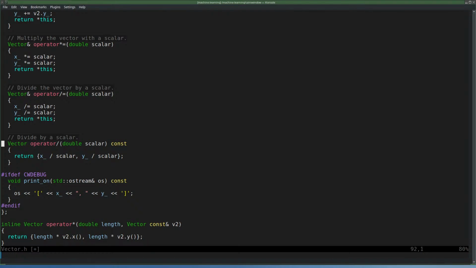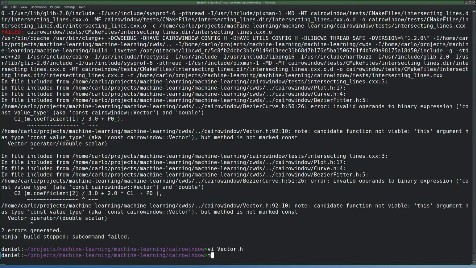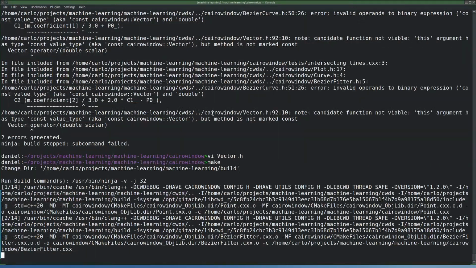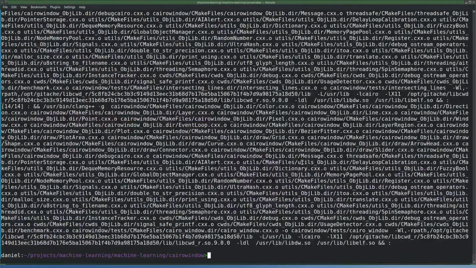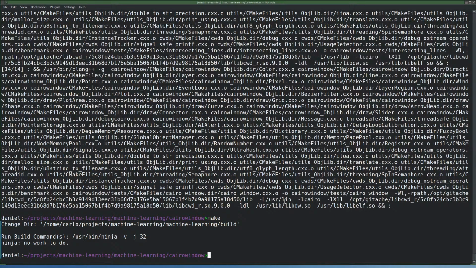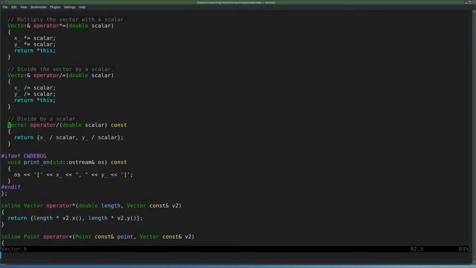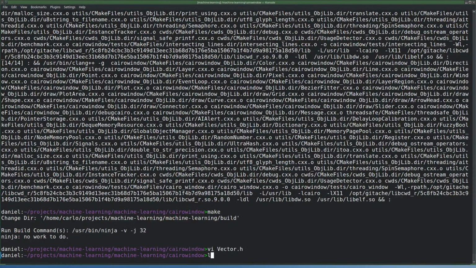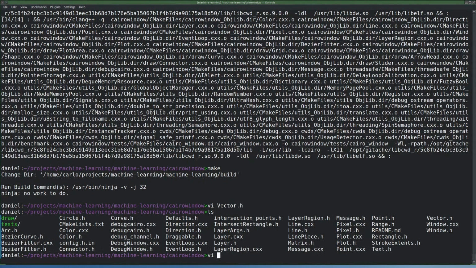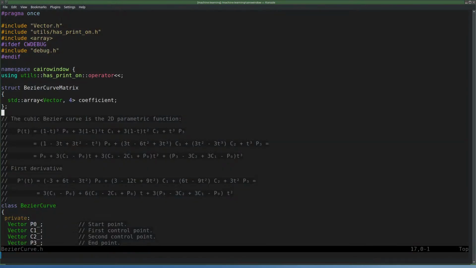Why would I? Do I have something that is const? No, whatever. I guess this fixes it. Yep. Okay, and now finally we can continue with something serious. Vector, let's go to BezierCurve. Why is it so late?